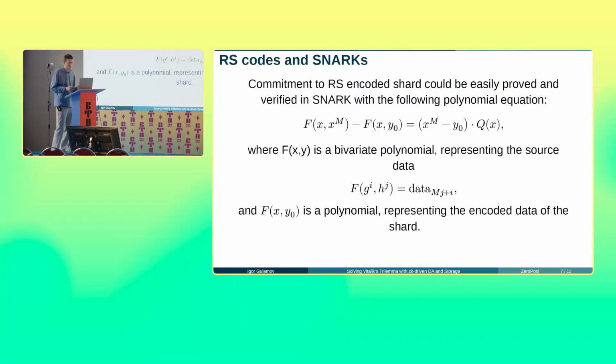That's why all nodes can be sure that they receive the right chunk of data, and anybody can collect any subset of these shards. We use blow-up factor 8. It is 64 to 512. So if anybody collects 64 shards from 512 shards, they can reconstruct the source data.